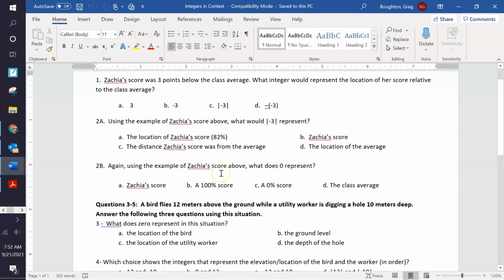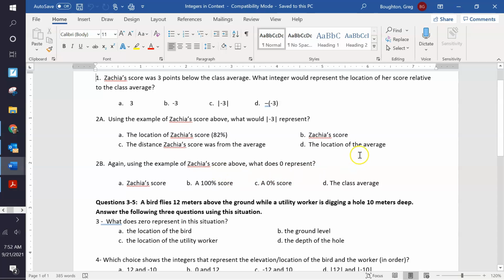But when they ask, what does the absolute value of -3 represent? Now you're looking for the words, the distance from 0. You're looking for that in here. So we can see that here. The distance Zacchaeus scored was from the average. Now the average is what we consider the 0. So what does 0 represent?